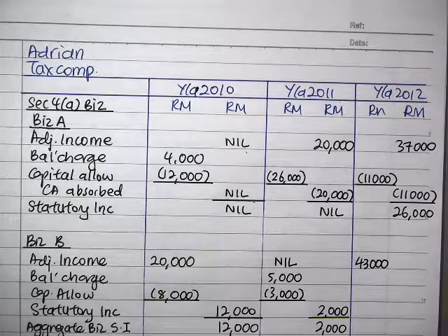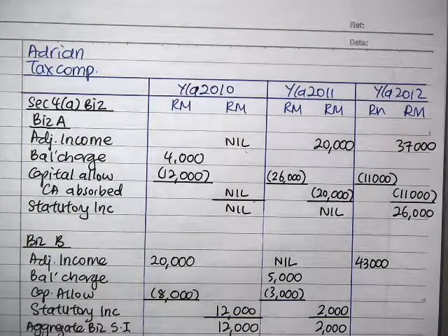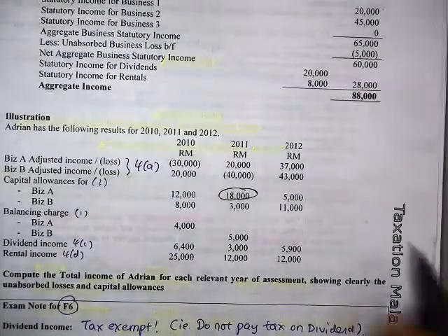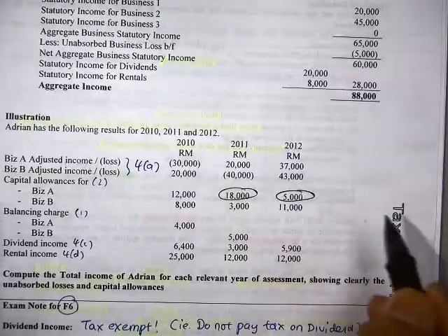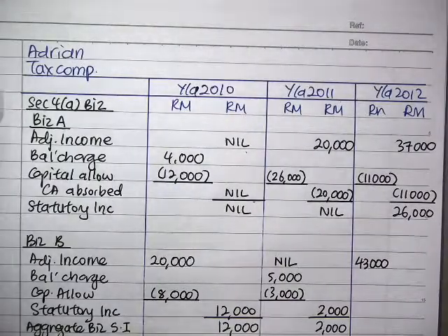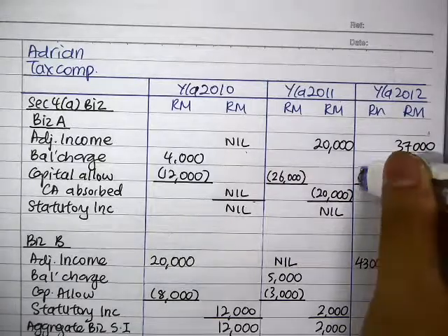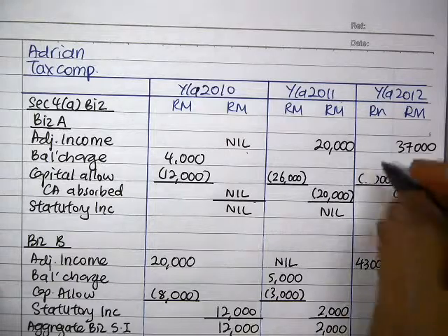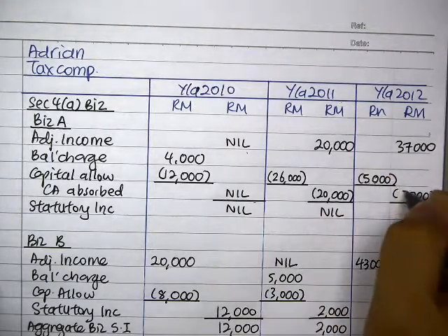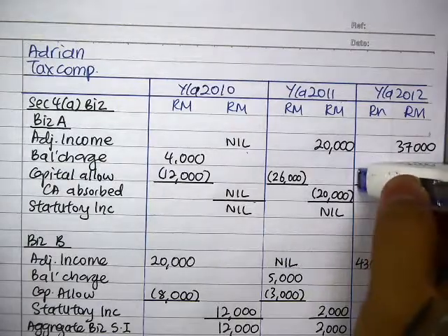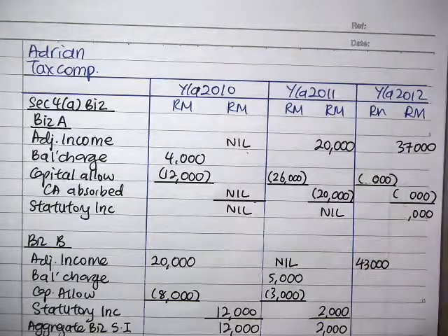And the CA for business B is, I think I made a mistake. Oh, I'm sorry class, I picked the wrong figure. 5,000 for business A, 11,000 for business B. Goodness, gotta change this. 5,000. Oh, goodness, that's correct because of the unabsorbed.